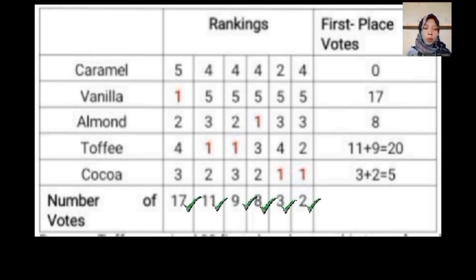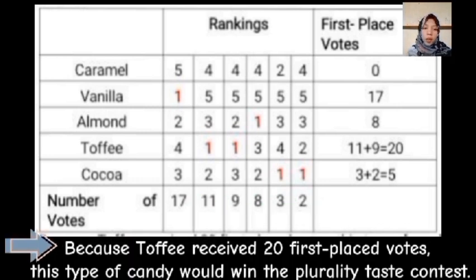Sa cocoa naman, 3 tao at 2 tao yung nag-vote sa kanya, so 3 plus 2 equals 5. Napaka-klaro naman na ang nanalo ay yung nakakuha ng 20 votes. So, ang nanalo ay yung toffee kasi siya yung nakakuha ng the most votes. Yan yung sinasabi natin na plurality method.